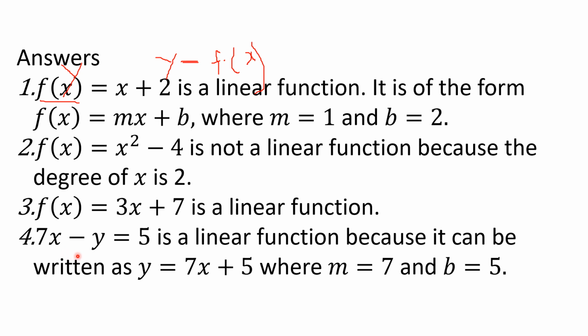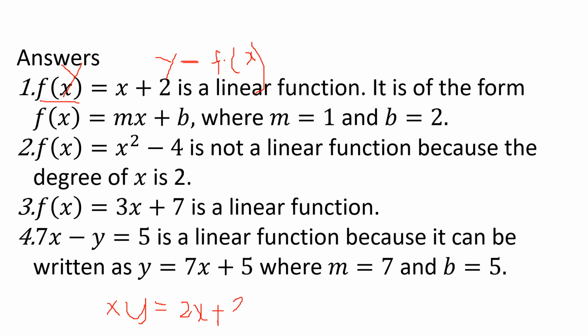And then we have here 7x minus y equals 5, which is a linear function because it can be written as y equals 7x minus 5, where m equals 7 and b equals negative 5. So how about if it is in the form xy equals 2x plus 3?